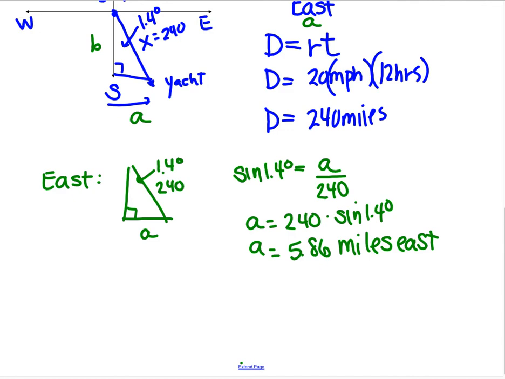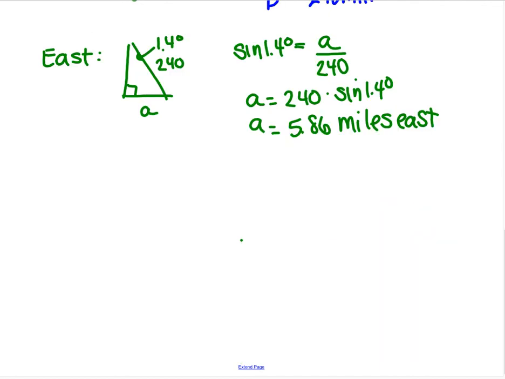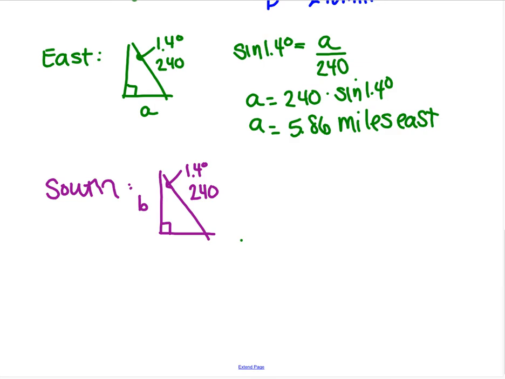All right. The last part is to find how far south we're going. I'm going to create a new right triangle. I want to find the south. 240 is going to be my hypotenuse, and I'm at 1.4 degrees. So the trig function that I'm choosing now is the cosine. The cosine of 1.4 degrees equals side adjacent, which is B, over side hypotenuse, which is 240 miles.